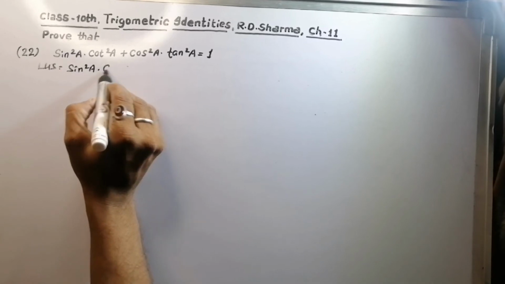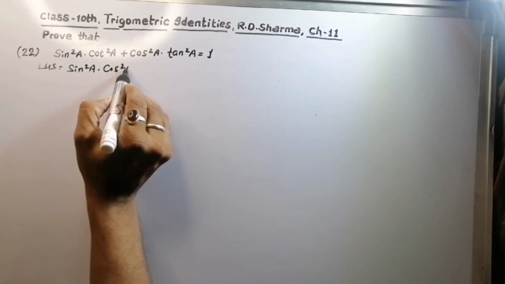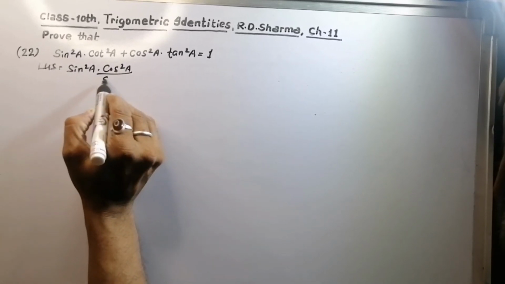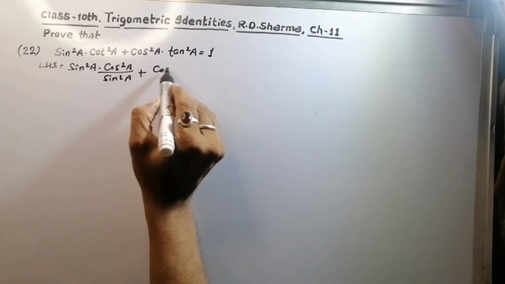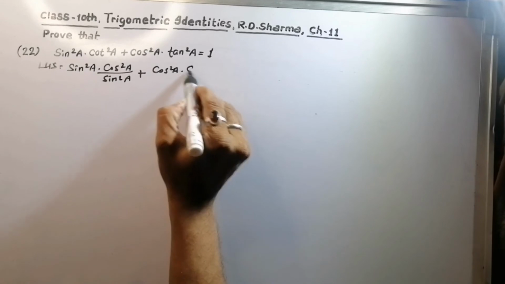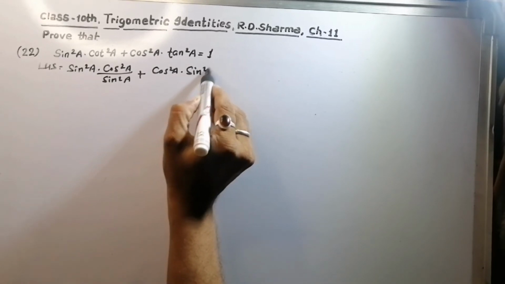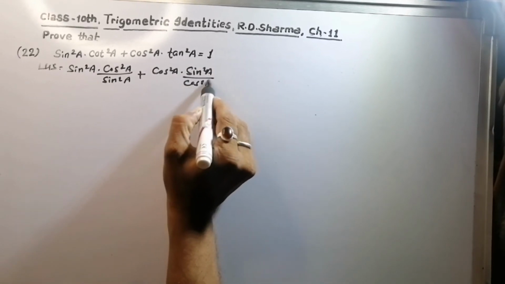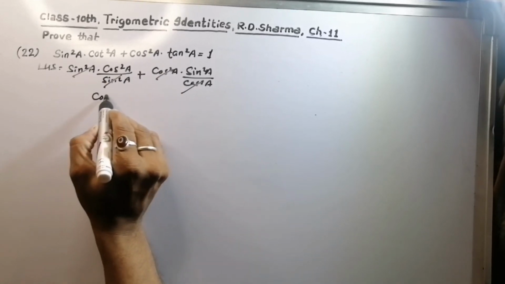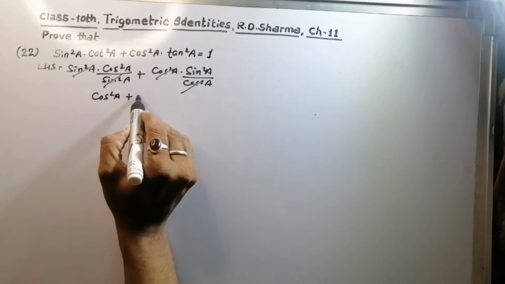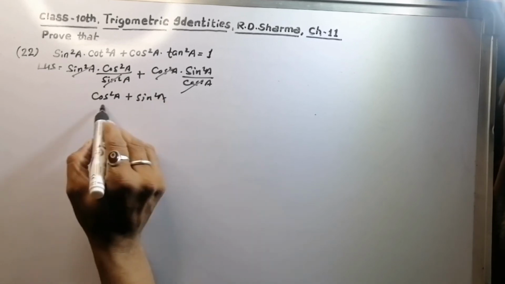Now question number 19. sec theta (1 minus sin theta)(sec theta plus tan theta) is equal to 1. Take sec a, multiply 1 to sec a minus sec a into sin a, and in the second bracket sec a plus tan a.